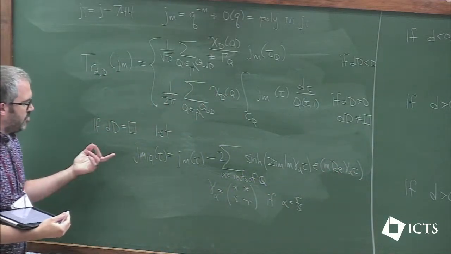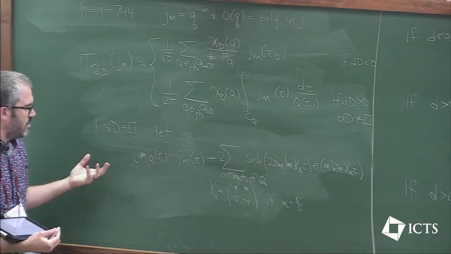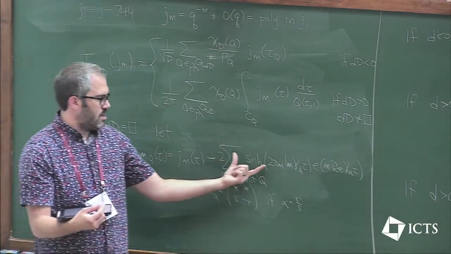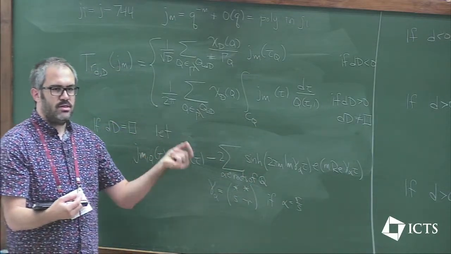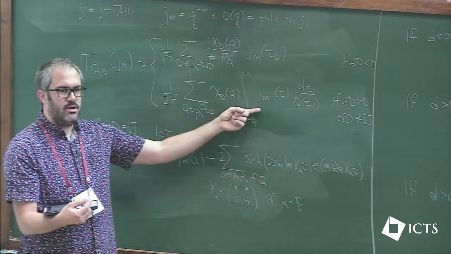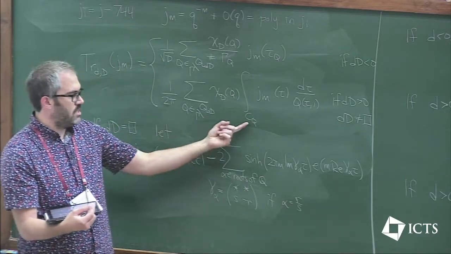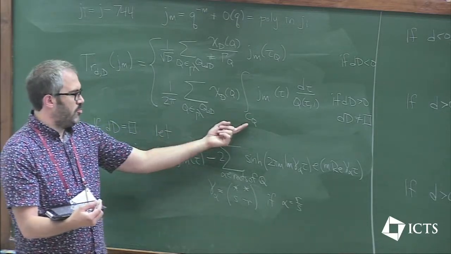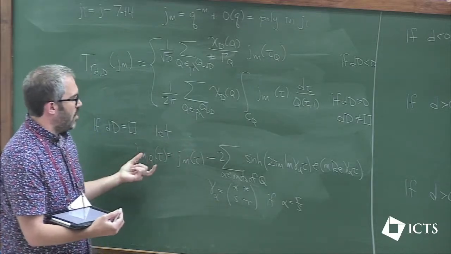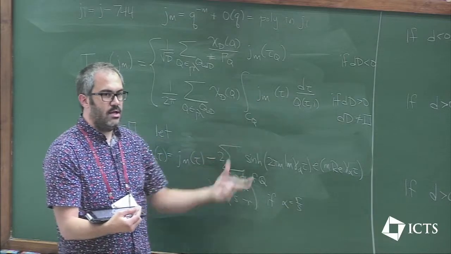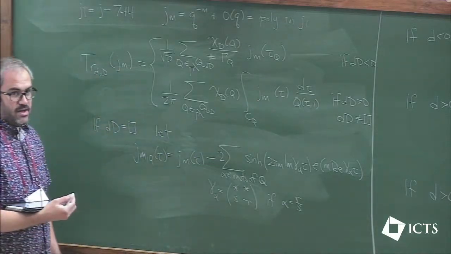It's not obvious from looking at this that this is the right thing to look at, but it turns out that these two things we're subtracting off are exactly measuring the exponential growth of the j function at the two cusps, the two endpoints of CQ. And so now that we're allowed to plug that into the integral, we get a finite integral.